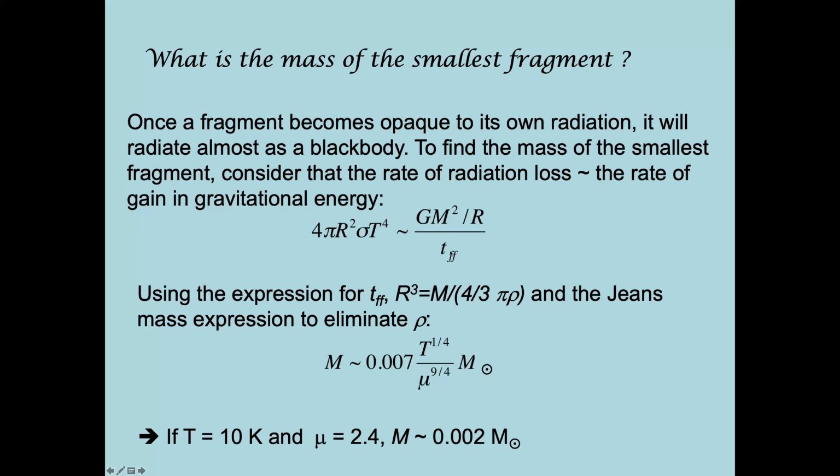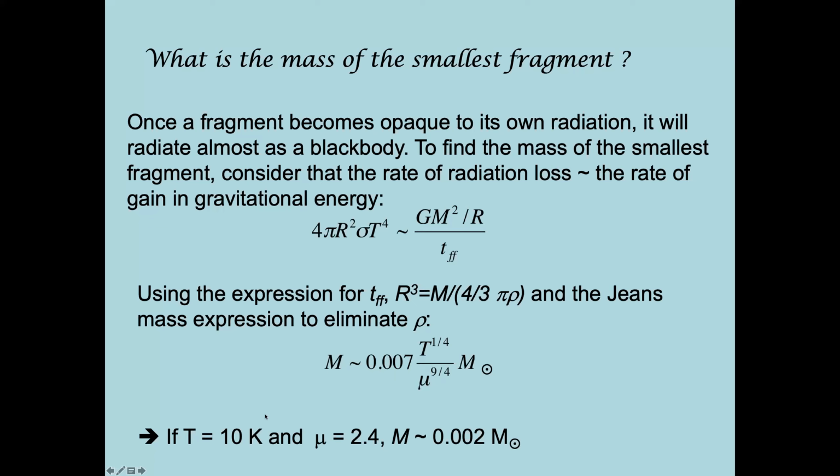To answer this question, you just need to use the expression for the free fall time that we derived, the formal one, if you want it to be precise. Then remember that the mass is equal to 4/3 pi rho r cubed, so you also have an expression for the r. Then you can get rid of r here and arrive at the mass of the fragment, which is equal to this expression, where you have some power of the temperature and some power of the mean molecular mass.